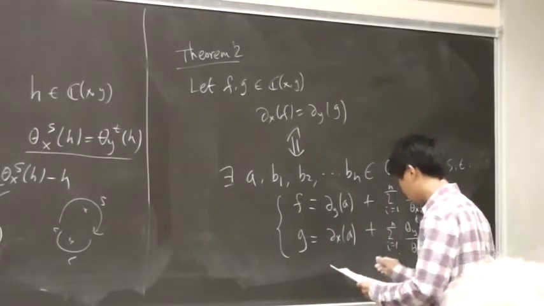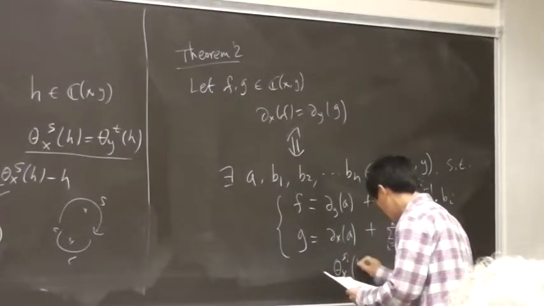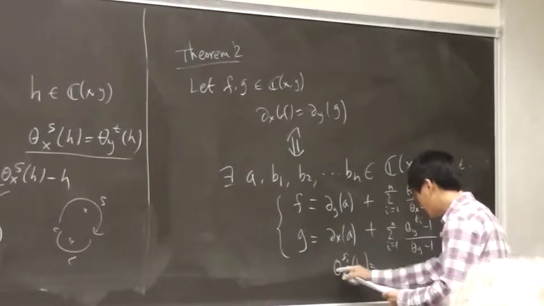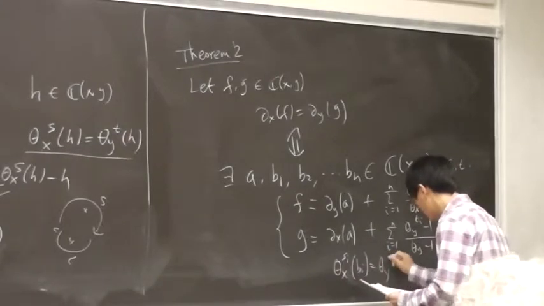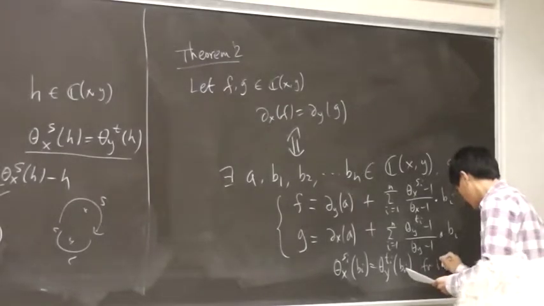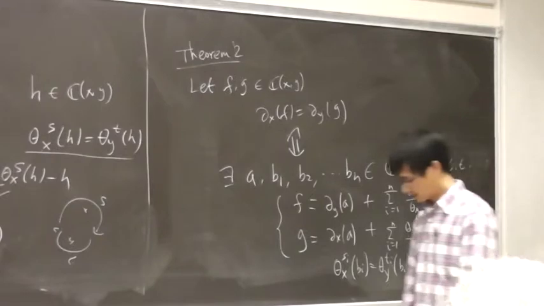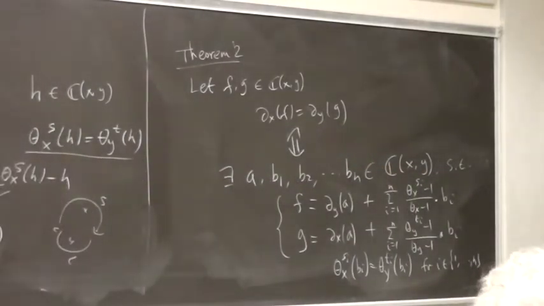And then those Bi are not arbitrary rational functions; they satisfy the following condition, Ti and Bi, for i from 1 to n. So that's the structure of the rational W pair in the shift case.